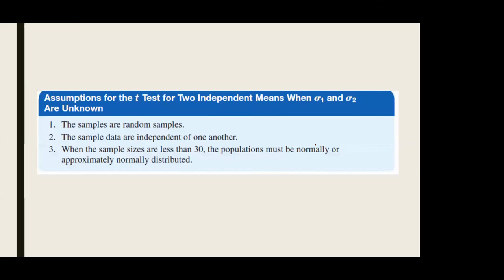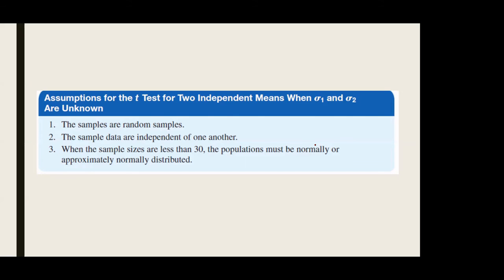Okay, so kailan natin magamit? So what are the assumptions of that t-test? First, the samples are random. Okay, that's very important because ibang test ang gagamitin natin kung ang samples ay hindi siya random or hindi siya applicable in that case. Number 2, the sample data are independent. So that's another consideration. If they are not independent, then there's another test which we will discuss later.